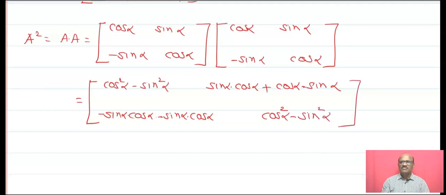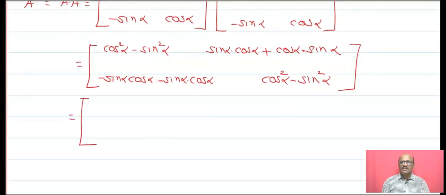And therefore the value of cos square alpha minus sin square alpha, that is we have completed the first of all trigonometry.